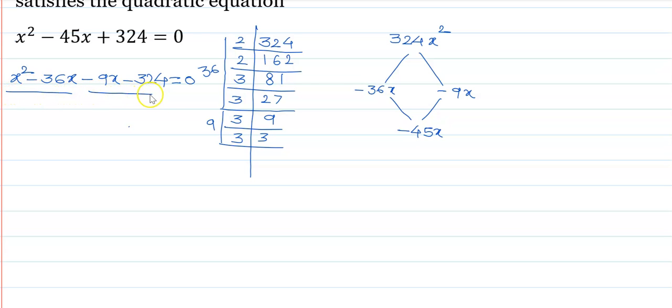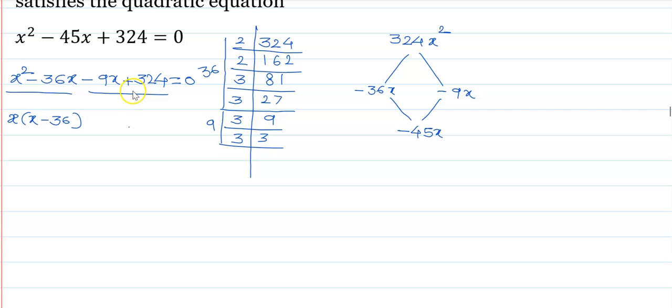Therefore, from this we take x as common: x in bracket x minus 36. Next, here the plus sign for the 324.